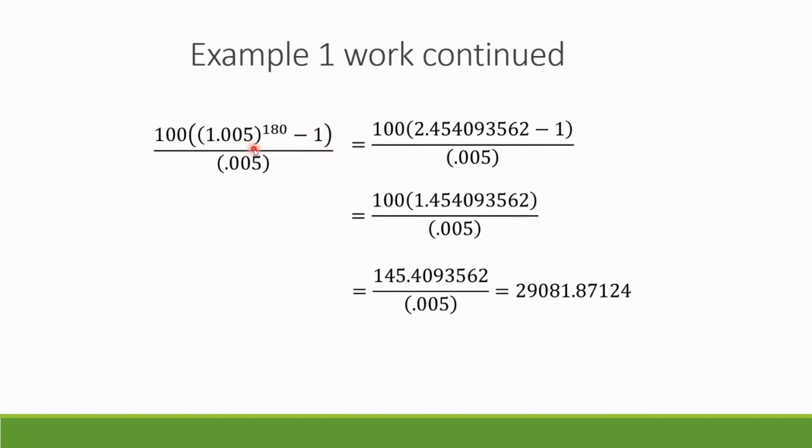You want to round at the very end. Notice that I'm not rounding to 2 decimal places here. I'm rounding to way more than that, okay? The more you use, the more accurate your answer is. So from here we get this and so on. So again, we want to make sure we round our answer at the end to 2 decimal places. So we're going to have $29,081.87.